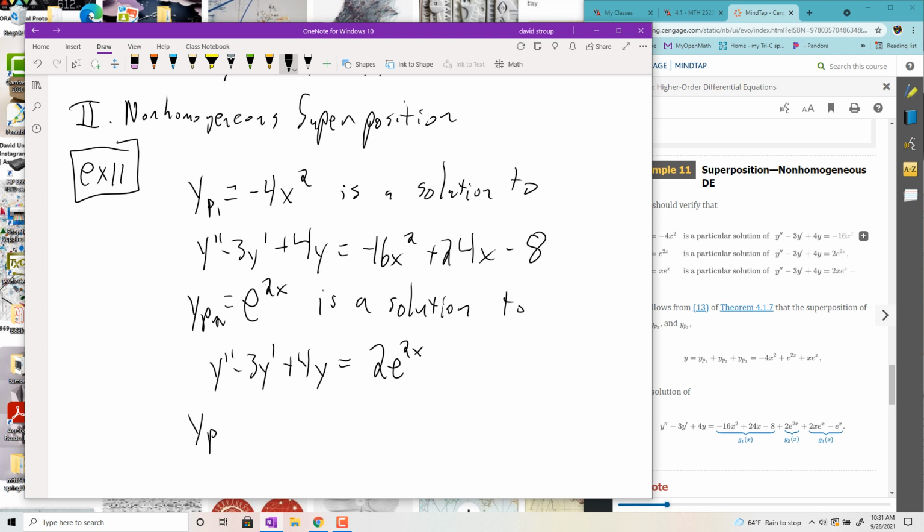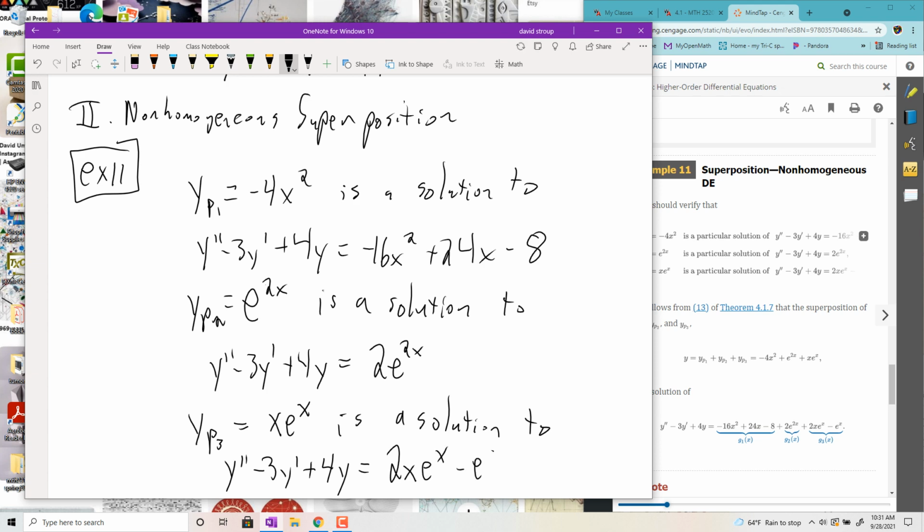And then let's say we have y sub p sub 3 equal to x e to the x, and that's a solution to this L of y equaling this other g of x. Okay, so in this case, 2x e to the x minus e to the x.